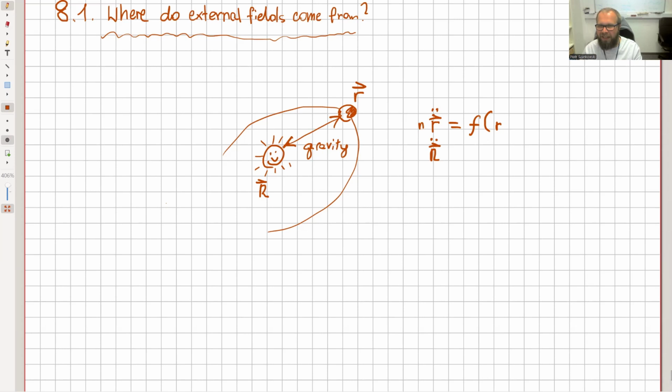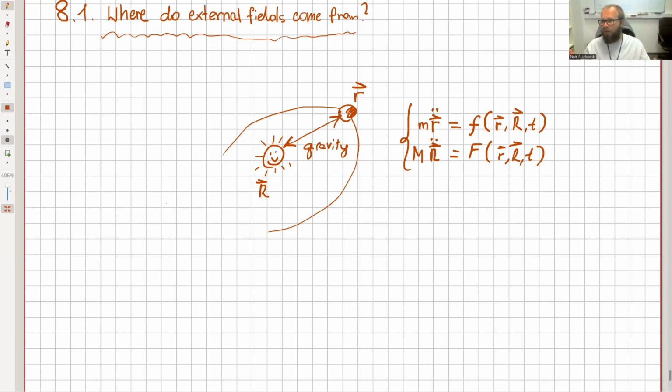Let's say the mass of the planet, the mass of the star, and some force depending on the position of the planet, but also the position of the star, and perhaps even on time. For the sun, the same thing. So you have coupled equations. The forces depend on the positions of both parties in general.